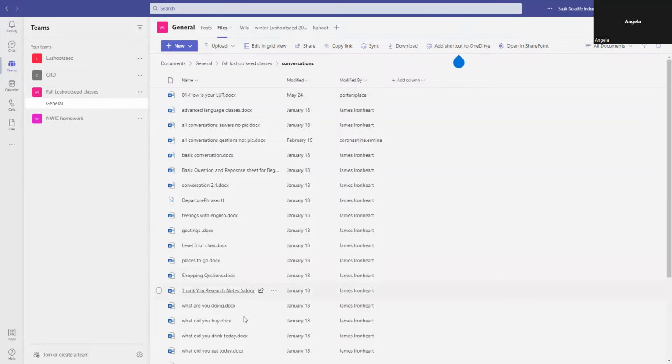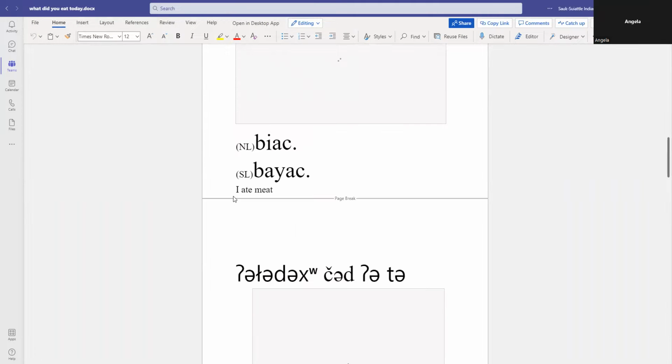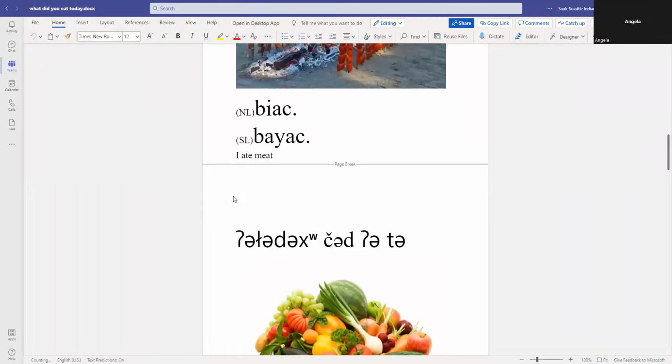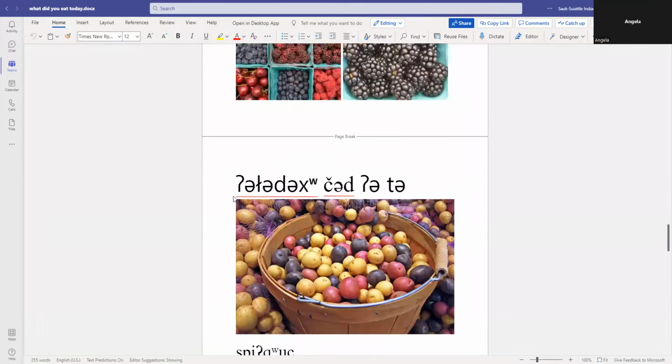But most of the things that you'll look into, if you go into the doc itself, I went through line by line in the dictionary and pulled out anything that had to do with drinking or eating or buying or talking to.